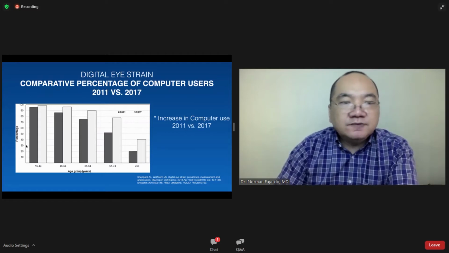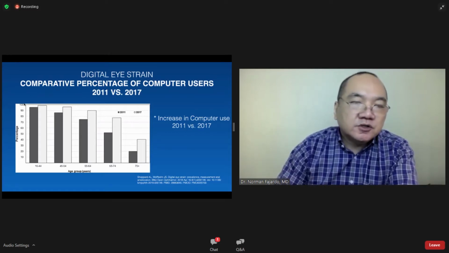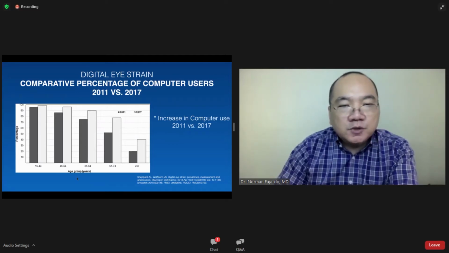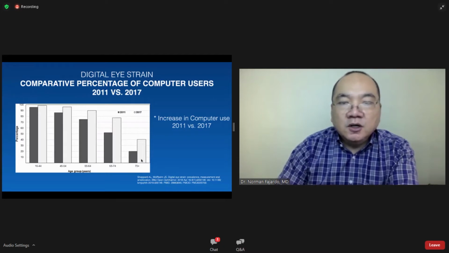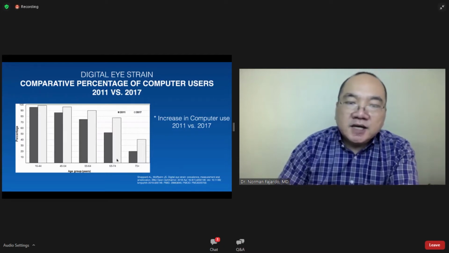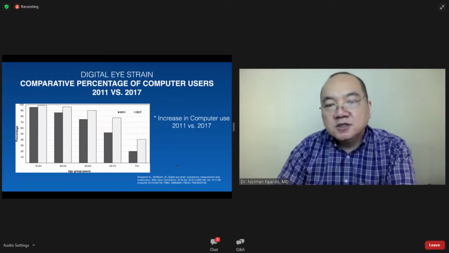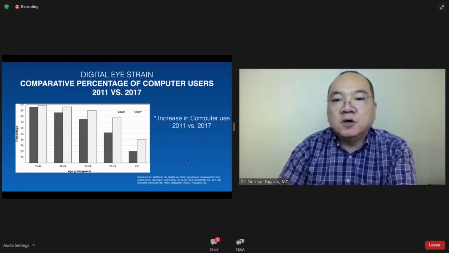This is a graph of the percentage of users on your left, then on the x-axis, the age group in years. Compared to 2011, there is a significant increase in computer use across all age groups. It's nice to note that the older ones are using computers more because they are adapting to technology. So in effect, in 2017, there are more computer users across all age groups compared to 2011.